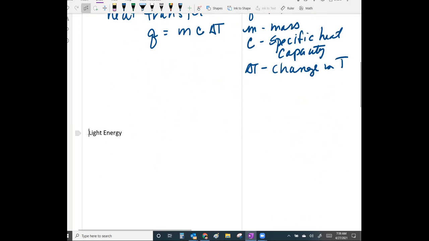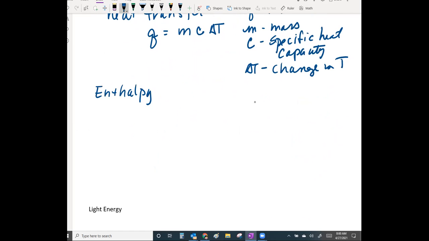We talked about, see, I pre-wrote the topic so I wouldn't forget anything. We talked about the concept of enthalpy. Enthalpy is energy from breaking bonds.